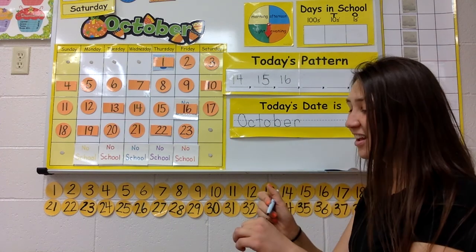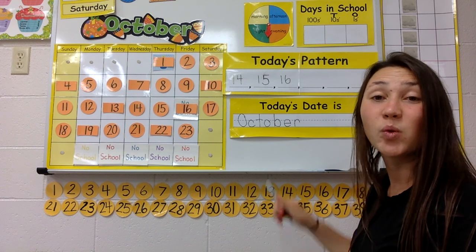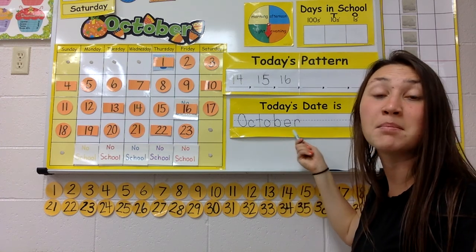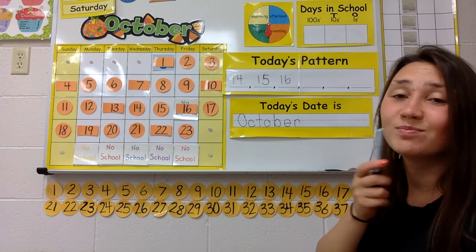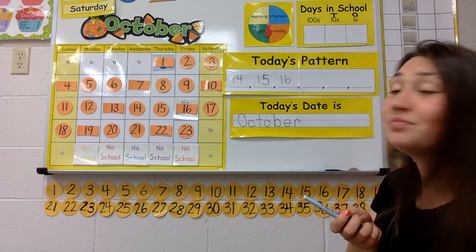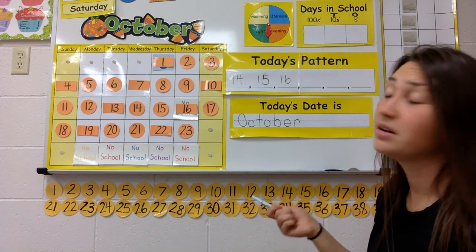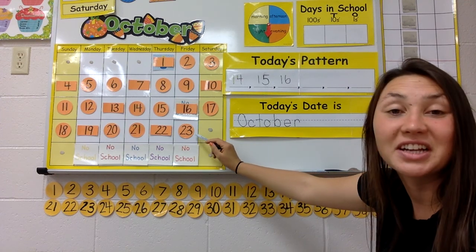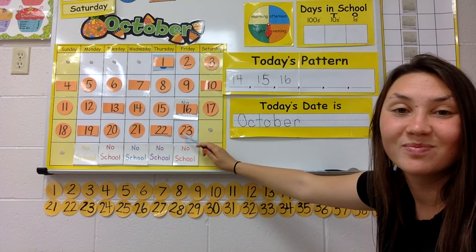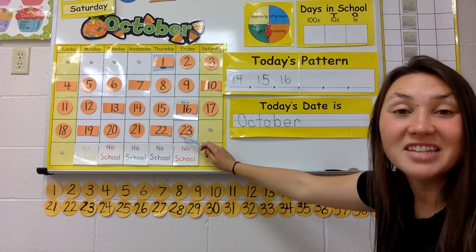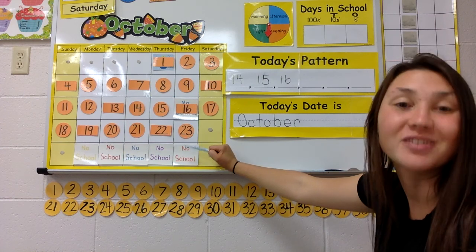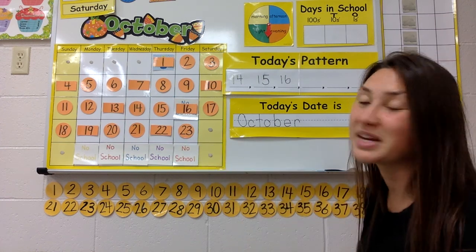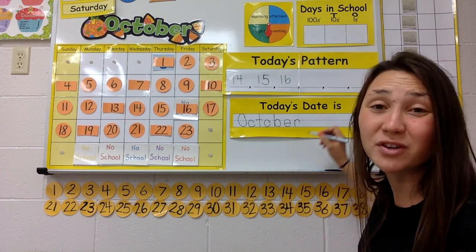Way to go. Let's talk what comes next after the month. What do we do next? Yeah, we need the number of days, right? And what did we say today was? You can look at your calendar if you forgot. Yeah, today is the 23rd. 2-3. So go ahead and make your 2-3 for 23rd.